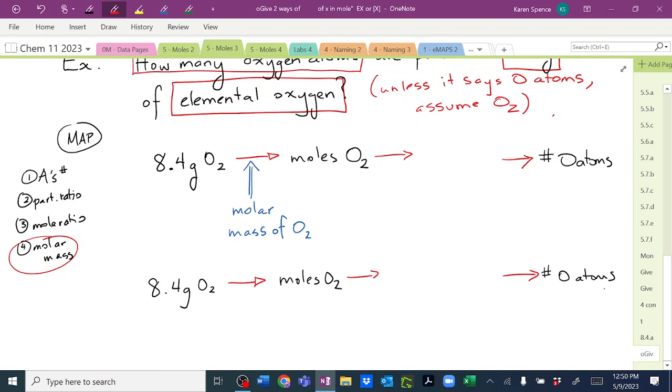What could we convert moles of O2 into that would get us closer to the number of O atoms? We could use Avogadro's number, yes. What would Avogadro's number convert moles into? The number of particles. So that would be the number of what?